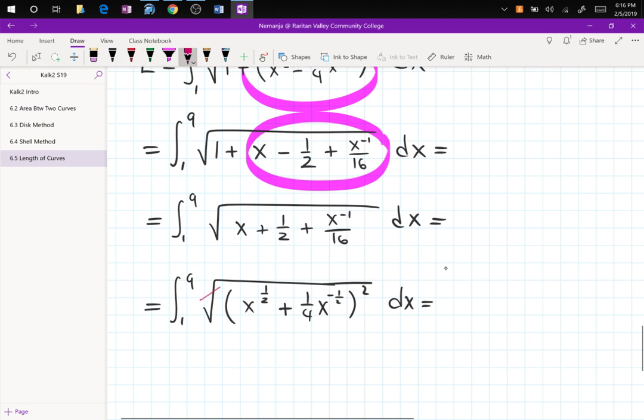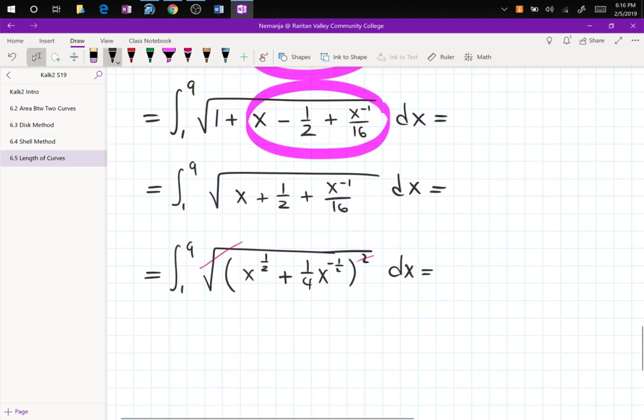At this moment, square root and square cancel, and we can take the integral of x to the 1/2 plus 1/4 x to the negative 1/2 dx.